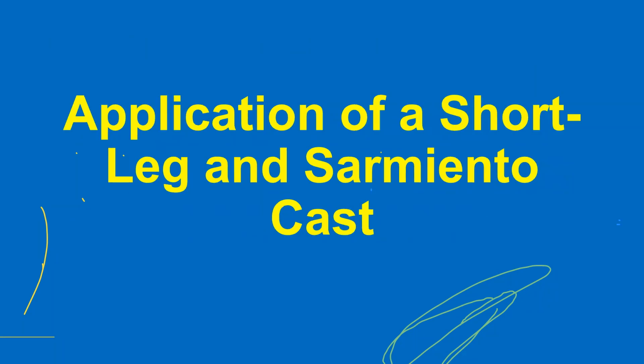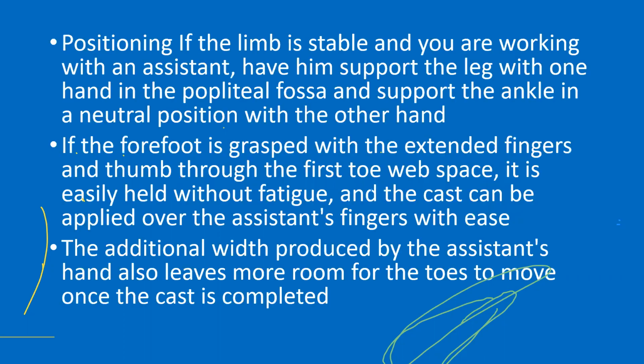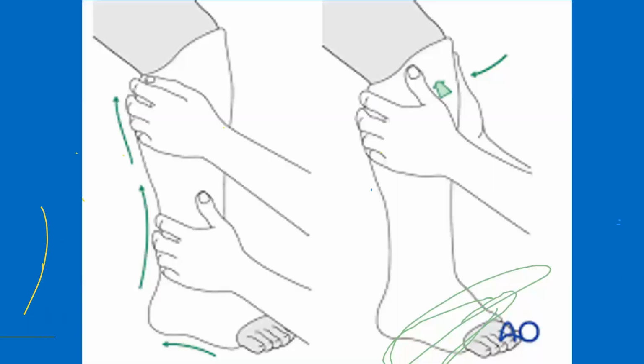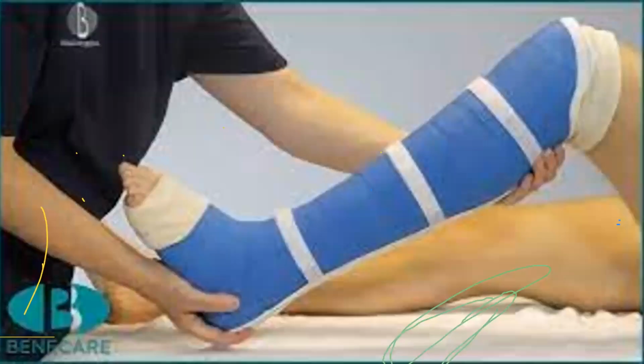I wanted to speak briefly about Sarmiento. This is part of closed reduction. What he does, he applies casts on the weight-bearing areas for 3 weeks, 1 month, until there is a sufficient amount of callus. Then he applies his splints. He was, I think, one of the inventors of patella tendon casts, of how we apply it.